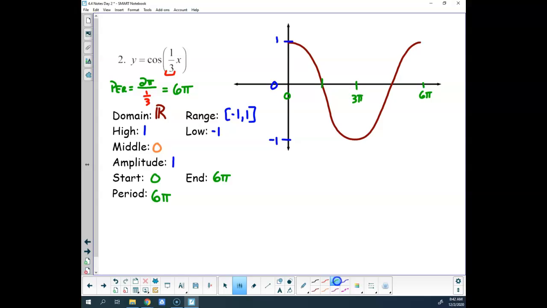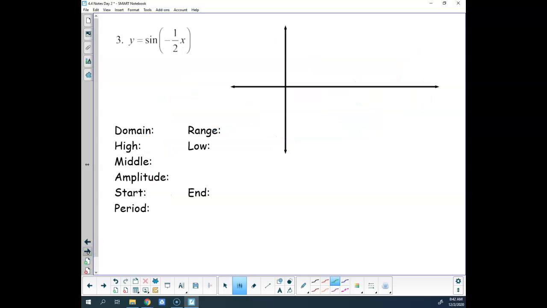Halfway would be 3 pi over 2. And my other halfway, 9 pi over 2? Yep, because you add them together and divide by 2, right? Shabam. 100%? Love it. One more. Let's do that one.